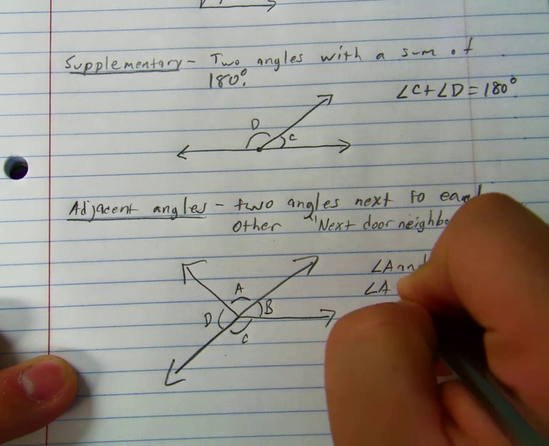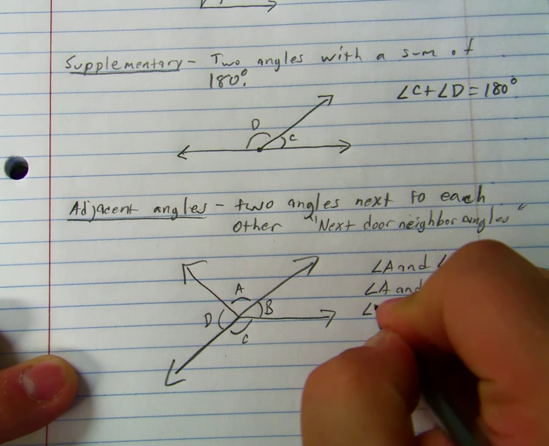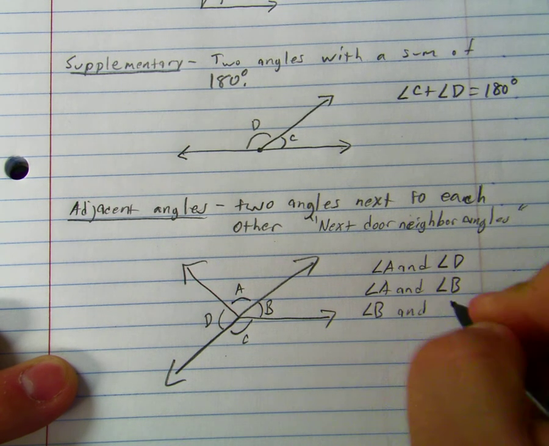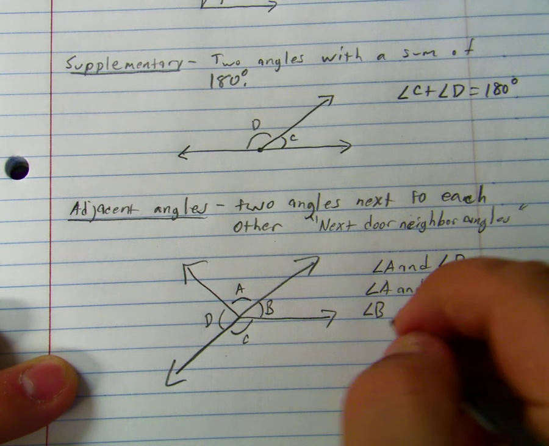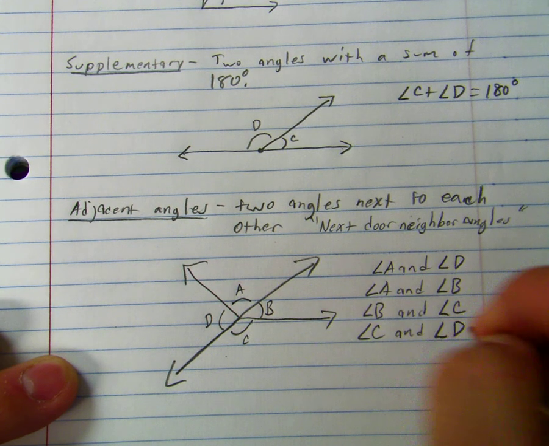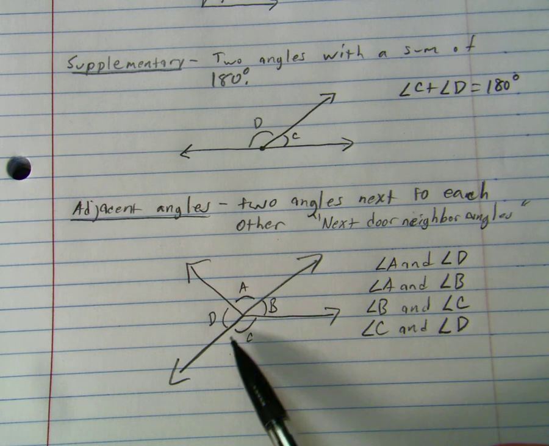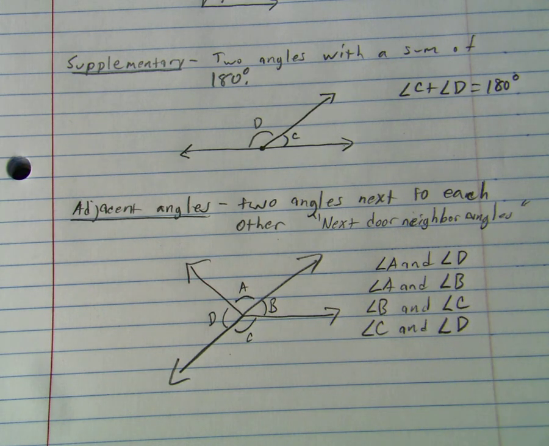Angle A and angle B are next door neighbors. Angle B and angle C are next door neighbors. And angle C and angle D are neighbors. Any angle that it's right next to would be an adjacent angle. So B and D would not be adjacent, and A and C would not be adjacent.